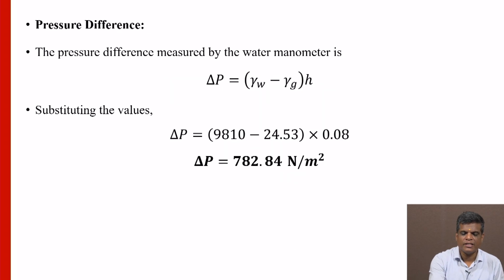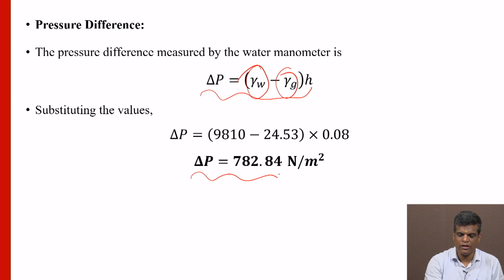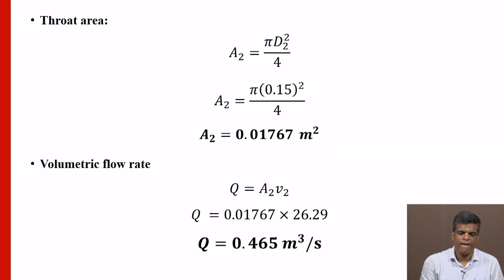The pressure difference is P equal to rho g h, and using gamma of water and gamma of gas, the pressure drop value is 782.84 Newton per meter square.